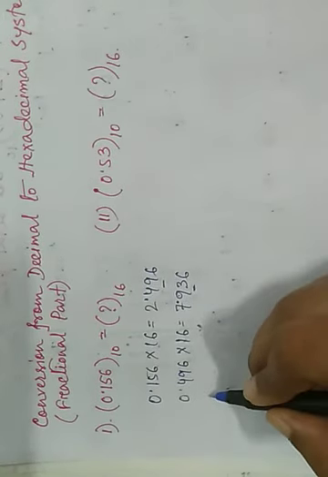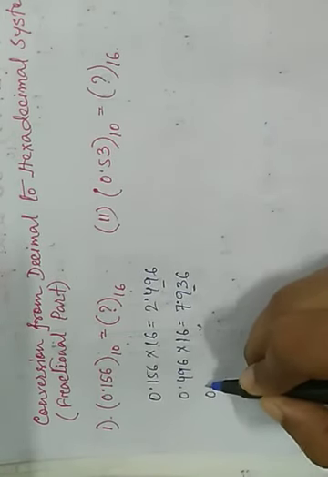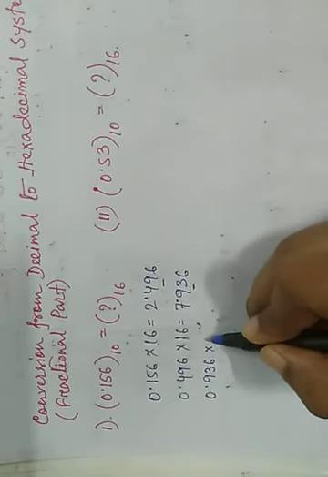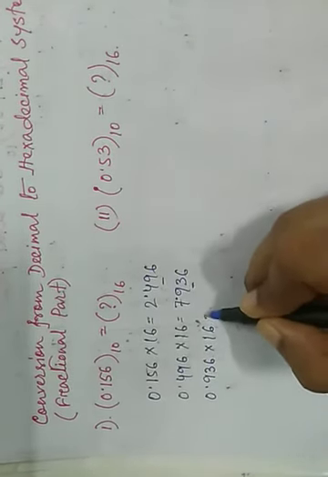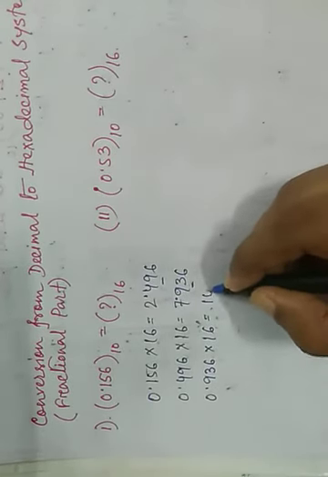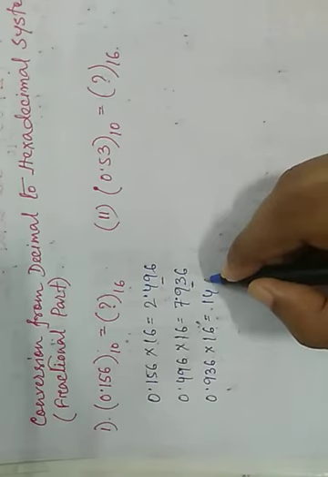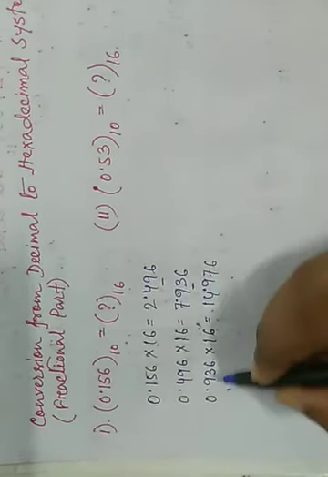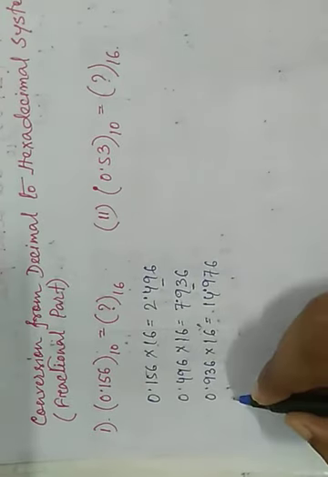Now take the fractional value, that is 0.936, into 16. It becomes 14.976, with the decimal point after 3 decimal places.